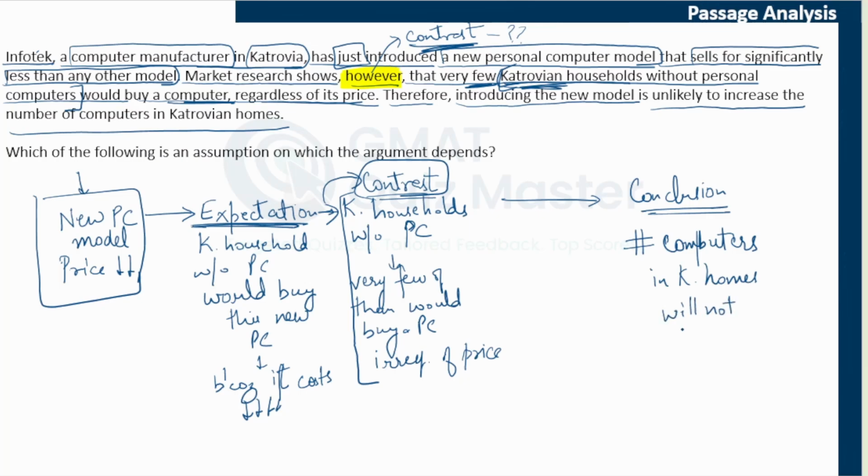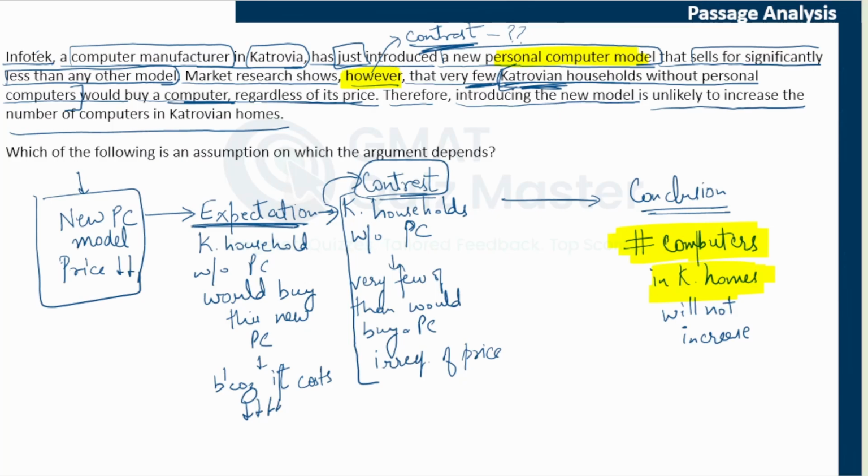The conclusion is specifically about the number of computers in Ketrovian homes. It is not about the sales of these new PCs or the profit generated from this, or any other aspect.